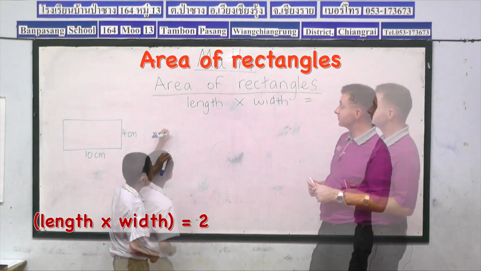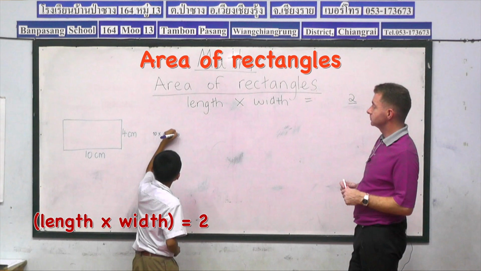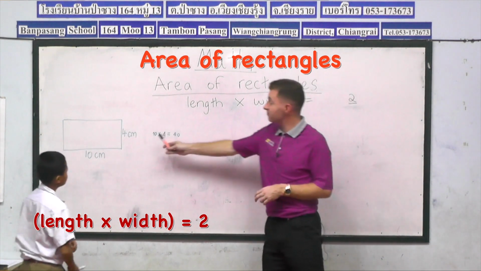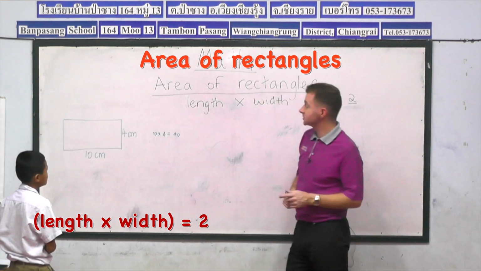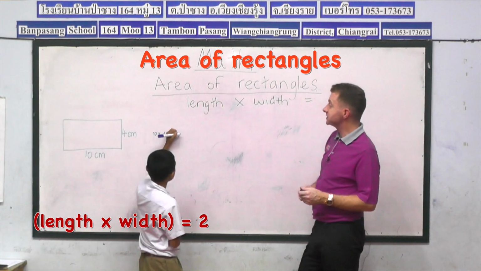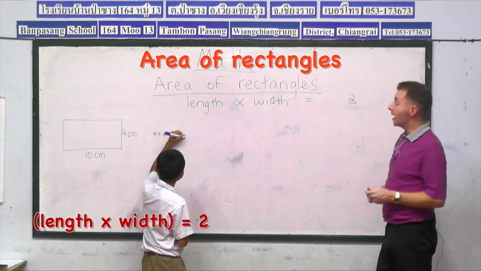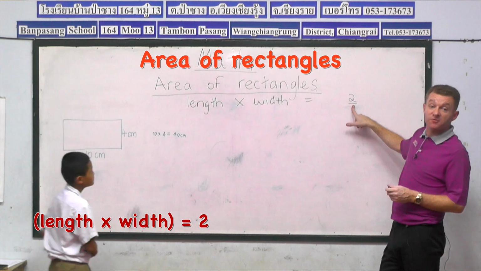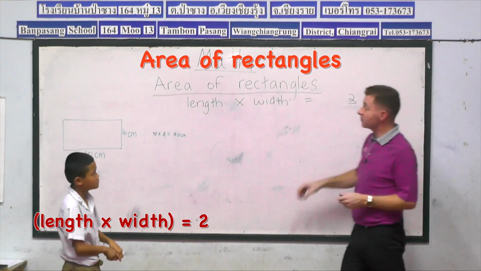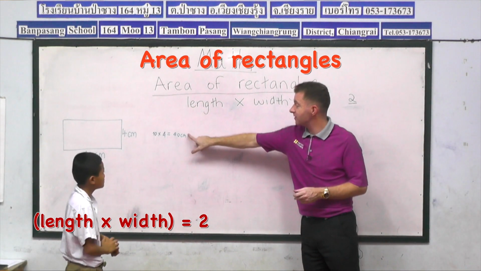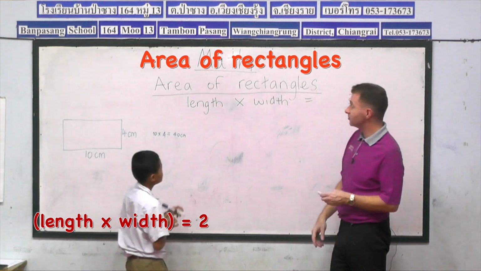40 centimeters. So 10. And then we put the unit of measurement, so centimeters, cm, and we end the answer with the number 2, because the area represents centimeters squared. So let's finish with number 2 here, Chu.